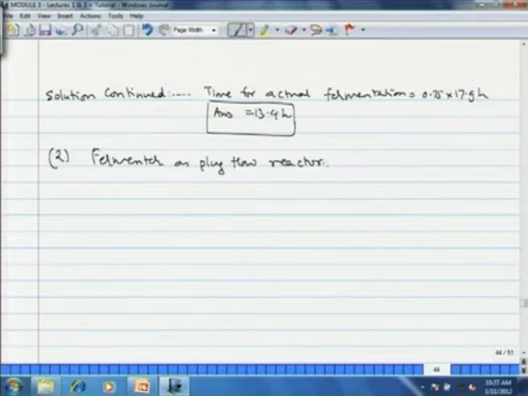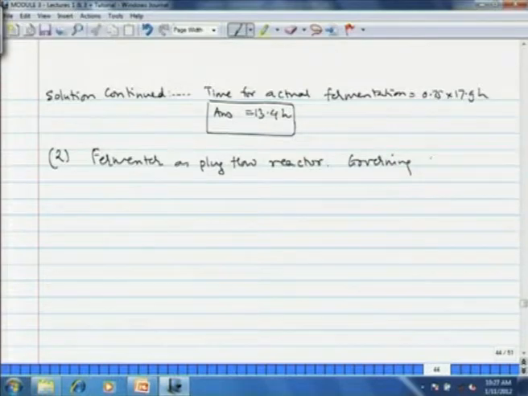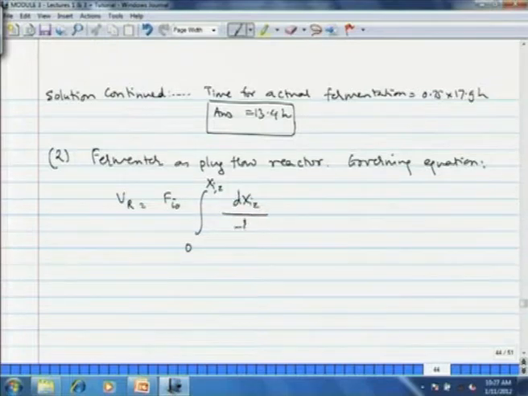Now, here again we do the same thing. The governing equation for plug flow reactor is VR is equal to Fi naught integral 0 to xi z, dxiz divided by minus Ri.